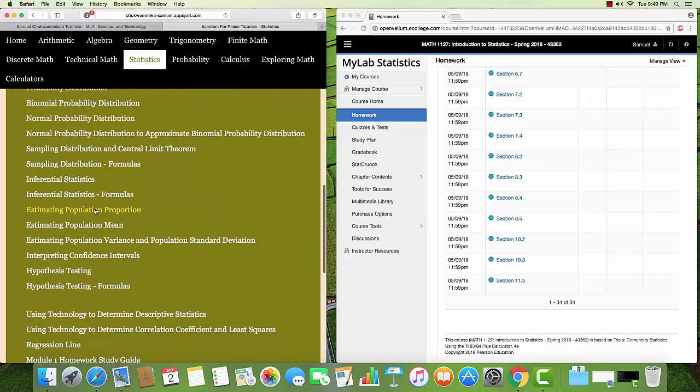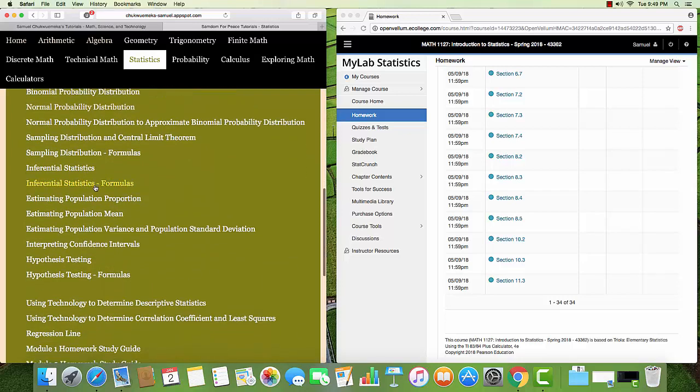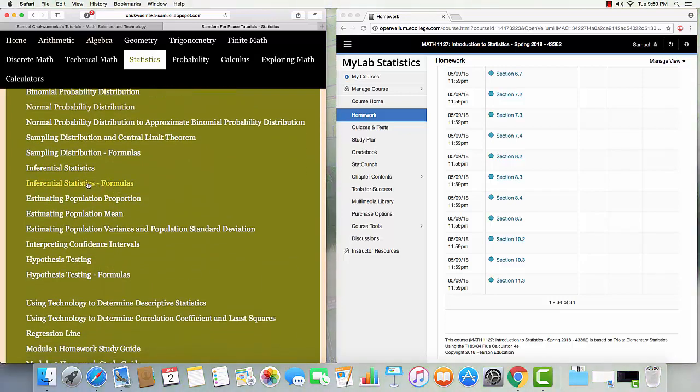So inferential statistics formulas. Then you can look at estimating population proportion. It is recommended that you review these notes and videos. Then you can view this study guide video, and then you can now work on your assignment.